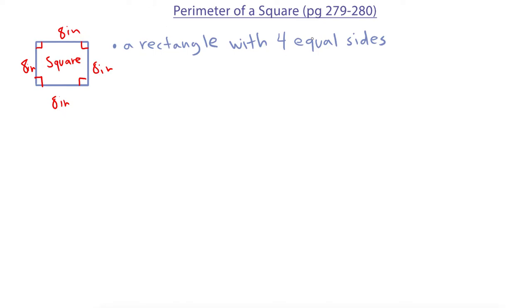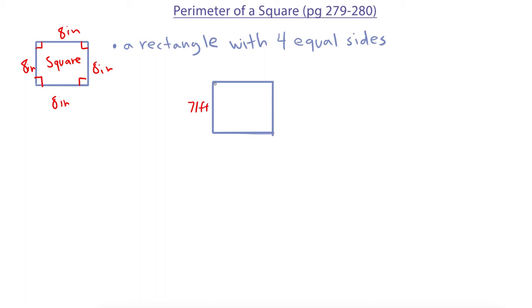All right. So what this tells me is that, one really important thing to note if you have a square here, if I just know the length of one side, let's say the side is 71 feet.